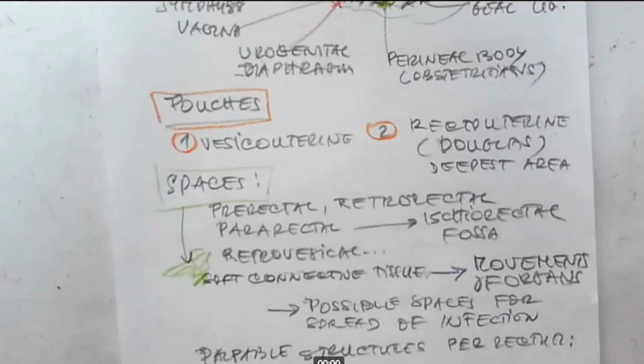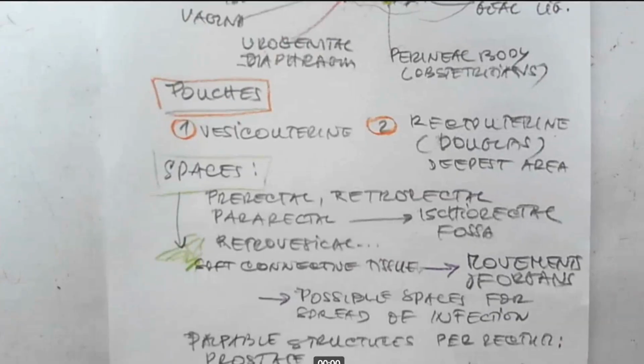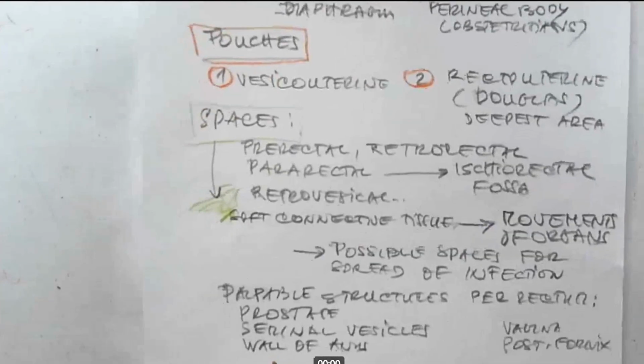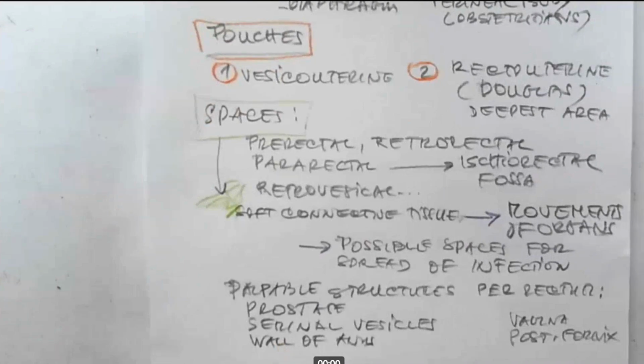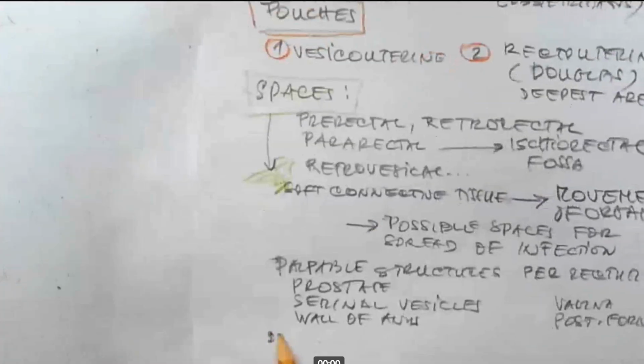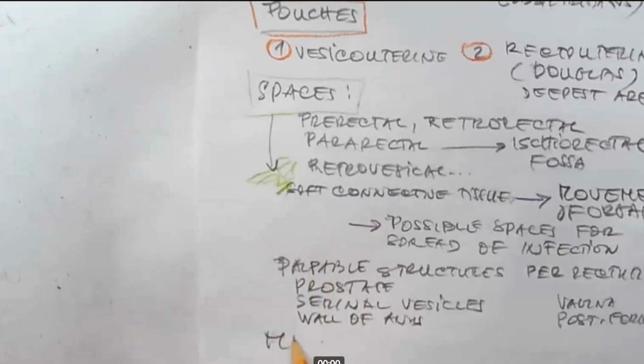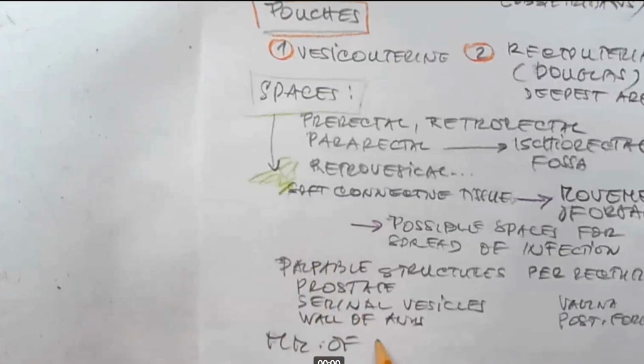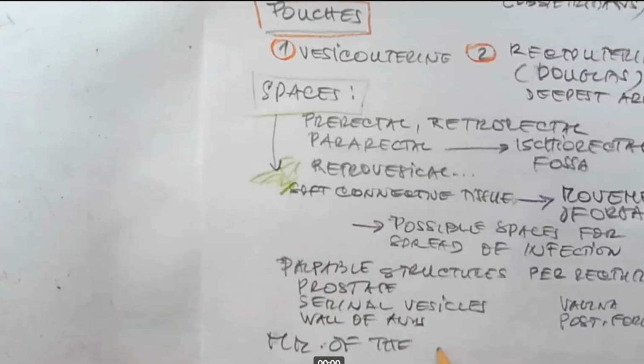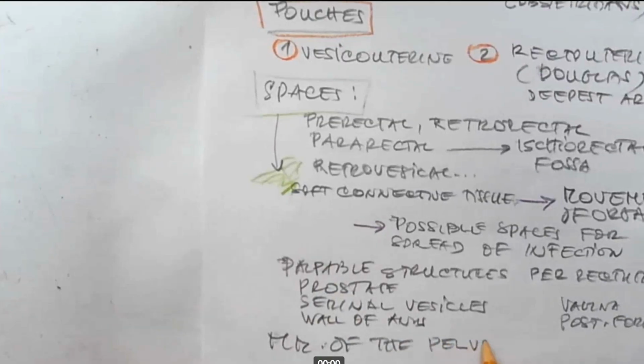We know the spaces around the rectum. We need the ischiorectal fossa. There is one important muscle. We will not repeat the muscles in detail, but among the muscles of the pelvis, we said that there are two groups.